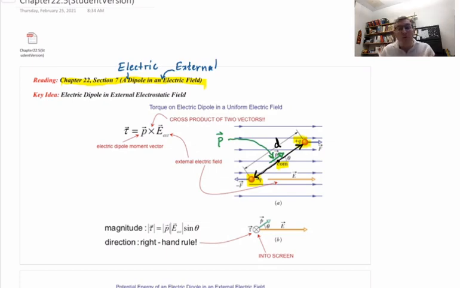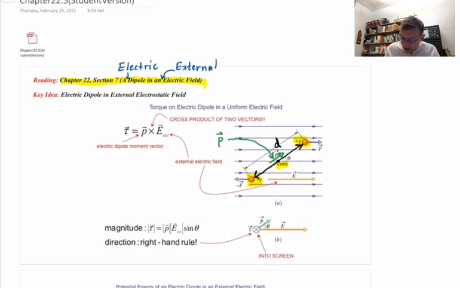Now this dipole has been, at the moment this drawing is made, immersed in an external electric field from some other charges that we're not even showing. We just want to know about that field, that external electric field. To make the whole situation here as straightforward as possible, the authors are assuming that this external electric field is uniform, spatially uniform, the same throughout this whole region of space.